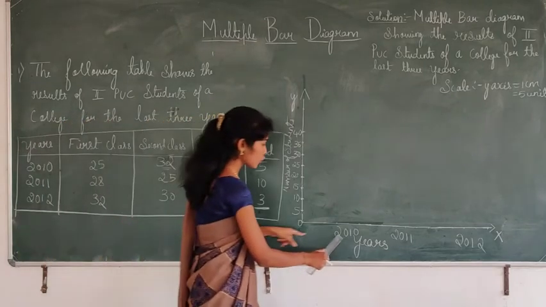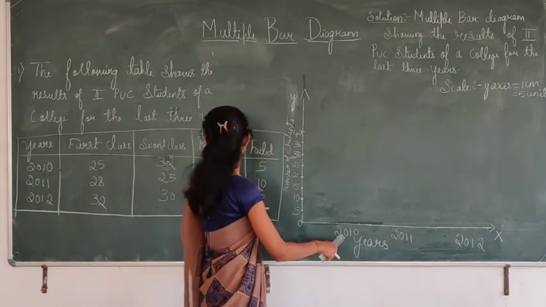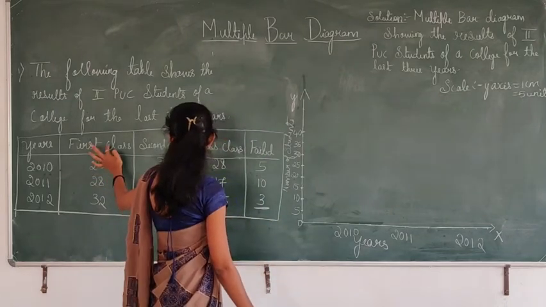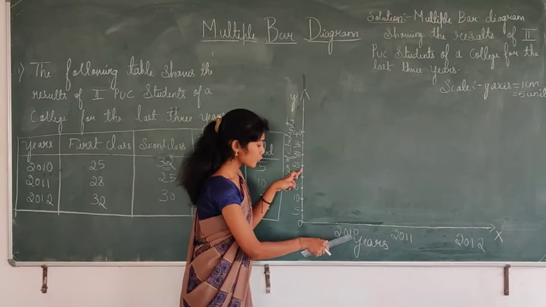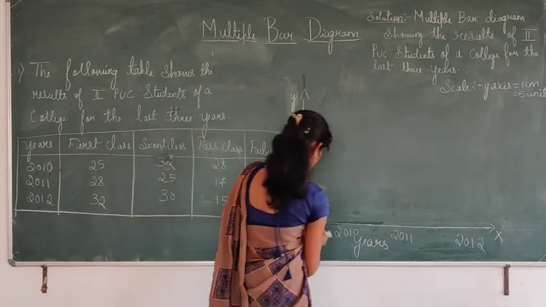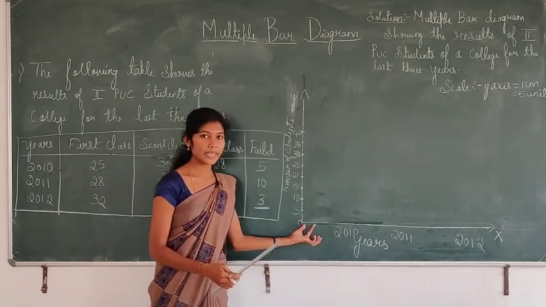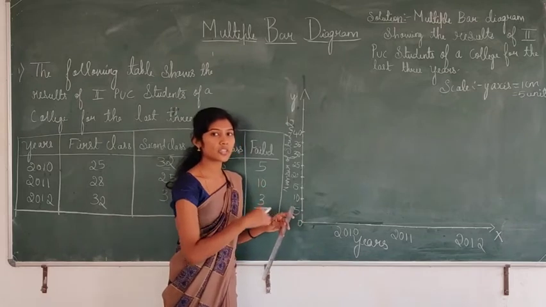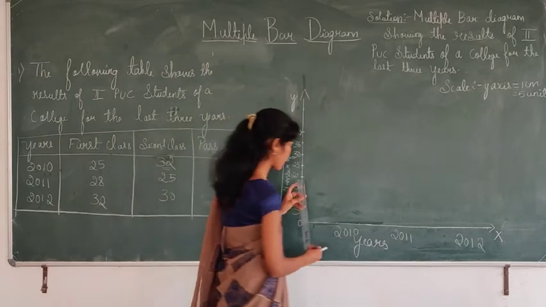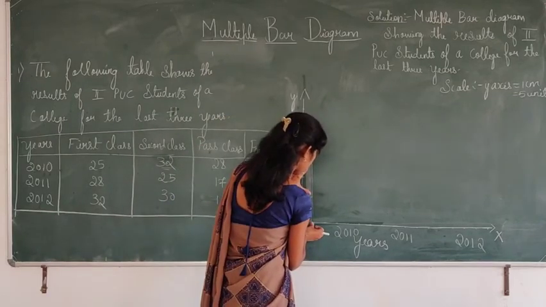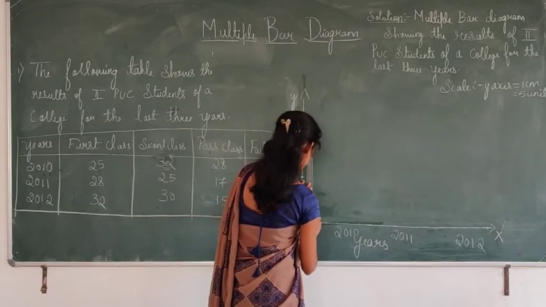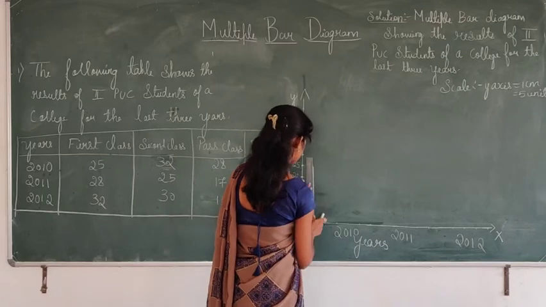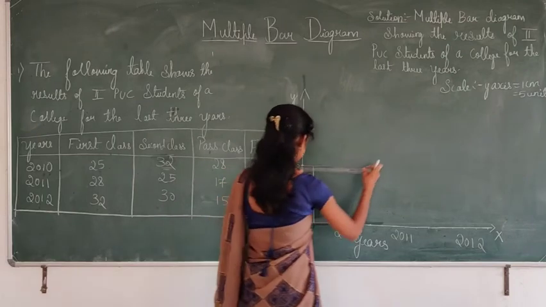So 25 is here. Leave 1 centimeter gap at the beginning and then start constructing the multiple bar diagram. Multiple bars should be adjacent to each other. Clear?